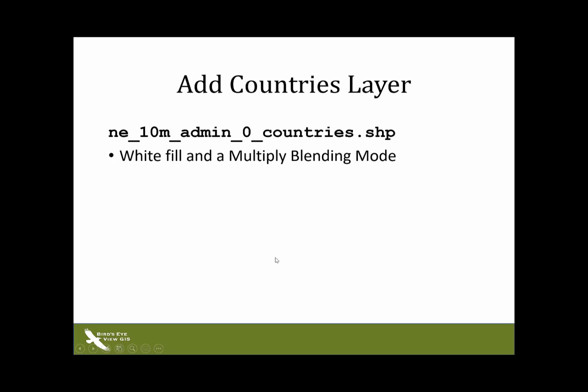So just to give a little context, in that same folder with the mesh data, there's a countries layer from Natural Earth. So you can add this NE10M admin 0 countries shapefile to the map and either give it a hollow fill with just outlines or a white fill and then a multiply blending mode to take that away.